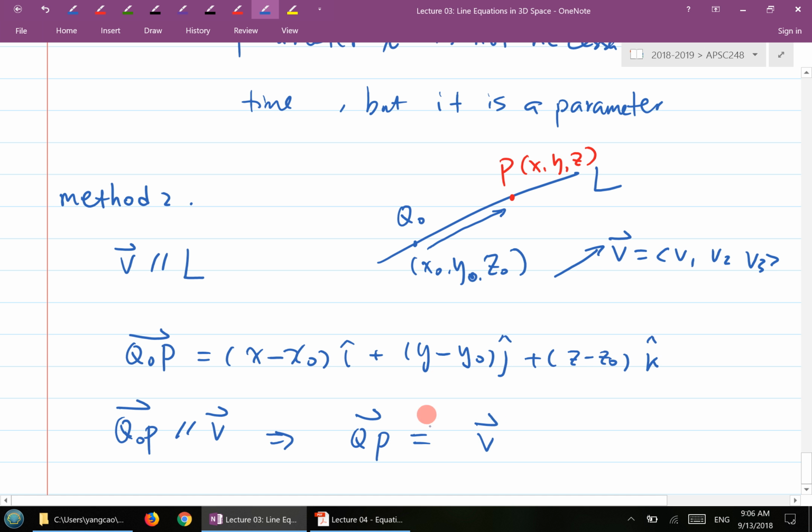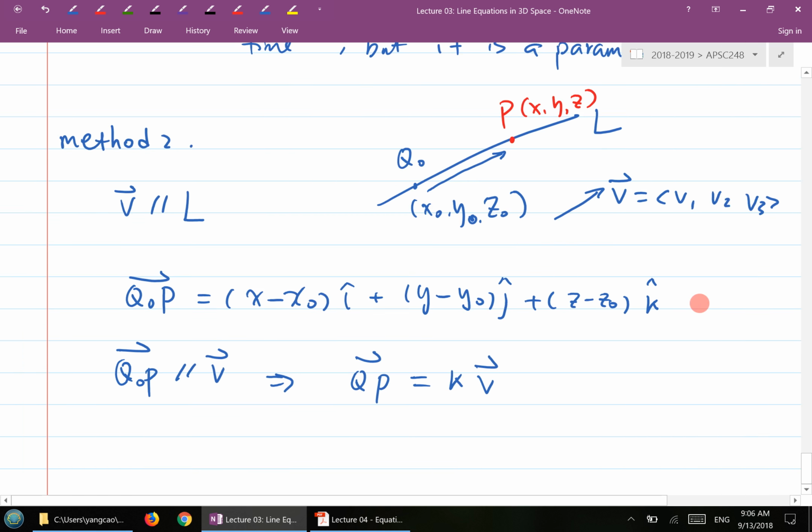So I'm going to put a parameter K here to indicate the multiple relationship between the two vectors. I don't know how much multiple, but I can use a parameter K. In other words, this is equal to K times V1, K times V2, and K times V3.